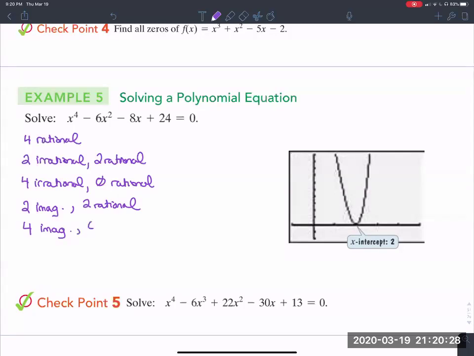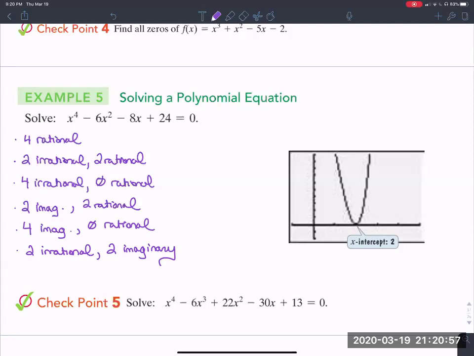And we can also have 2 irrational and 2 imaginary. So look at all the potential types of solutions we can have. We can have 6 potential outcomes between rational, irrational, and imaginary.